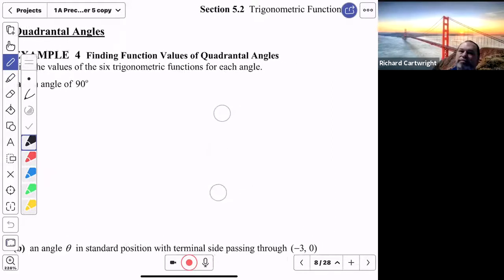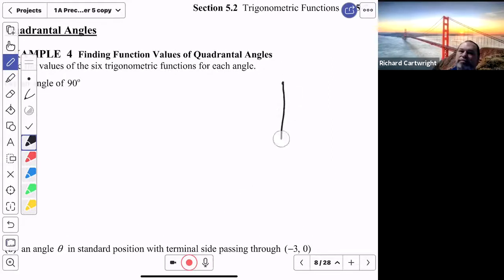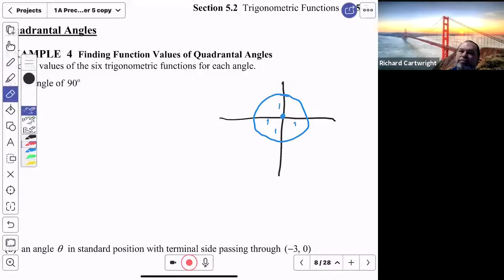I'm going to give you a secret. Here's my secret. A unit circle. That means the radius is 1. The only reason I'm telling you this is because I'm going to identify the ordered pair right here.